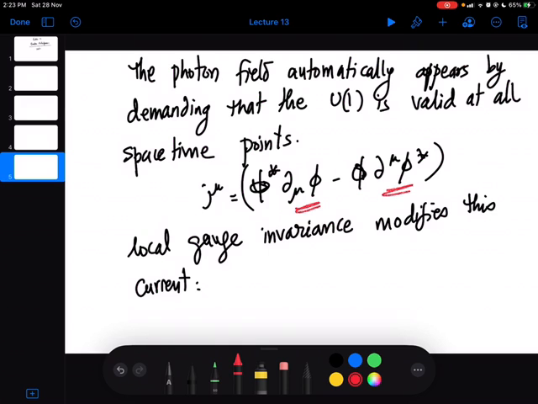But now that we are demanding that it should be valid at every space-time point, how does it get validated? Because then it creates a source. It acts like a source current for the electromagnetic field, for the photon field, essentially.